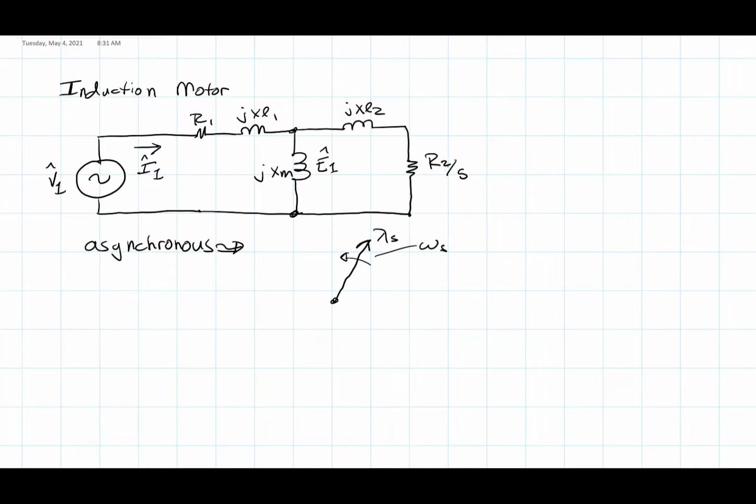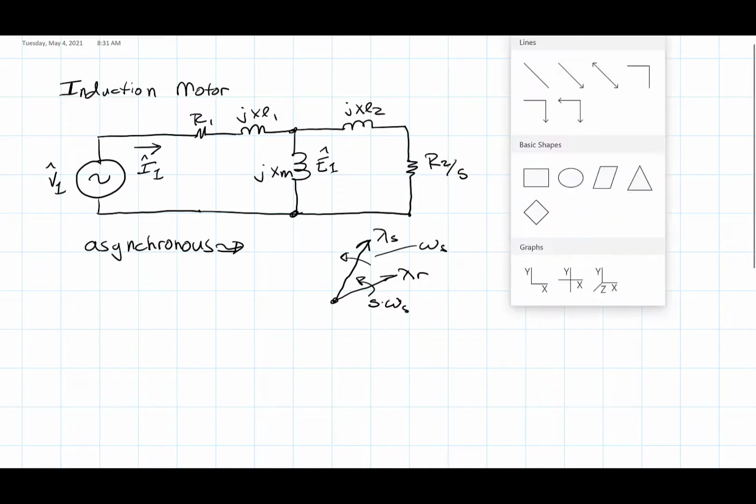But there is an MMF and associated flux that's induced into the rotor, and that MMF or flux of the rotor travels at what we would call a slip speed, which is S times synchronous speed.